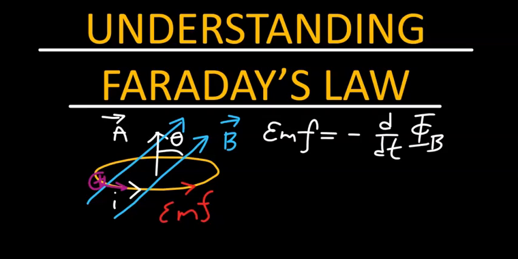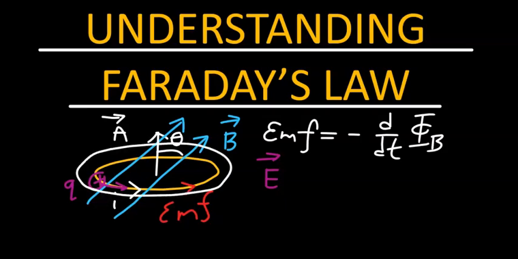For that to happen, let's assume the charge is Q. There must be an electric field that pushes this charge in that direction, which gives rise to that electric current. As this positive charge moves and makes a complete loop, the work done by this electric field on such a charge is given by this expression.